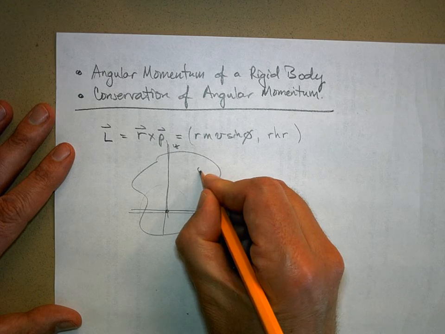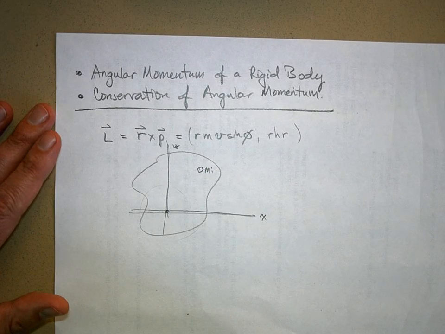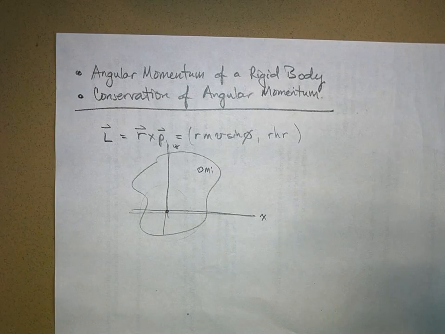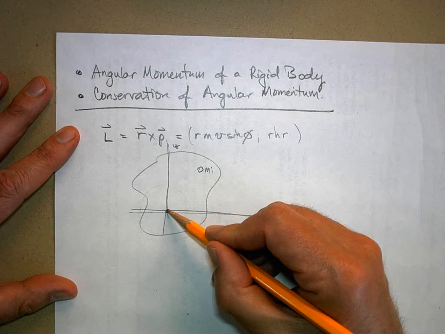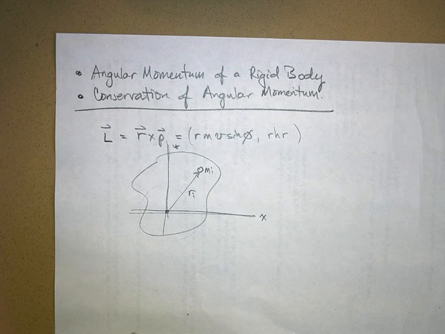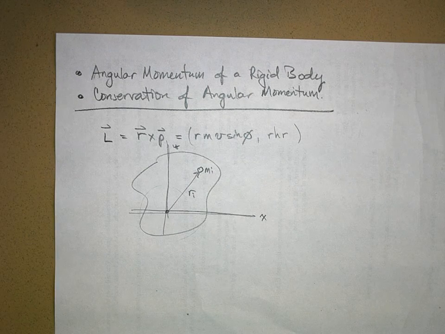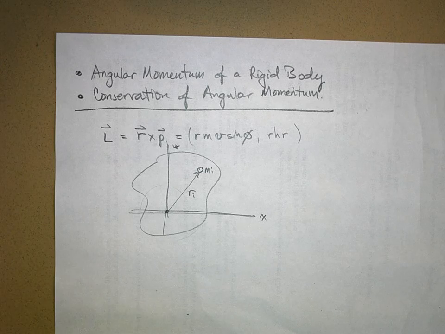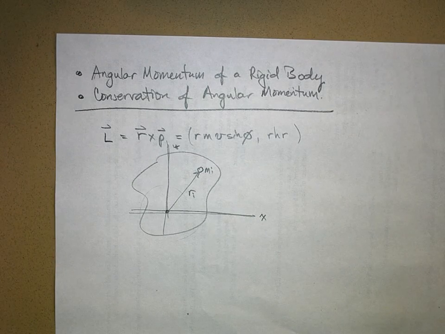And let's take a look at a little particle of this. We'll call that m_i, or we could call it dm if we wanted to use calculus. And here's r_i. And what you would do if you're a computer science major, or if you're a physicist modeling this, because for a blobby shape, calculus is pretty useless.